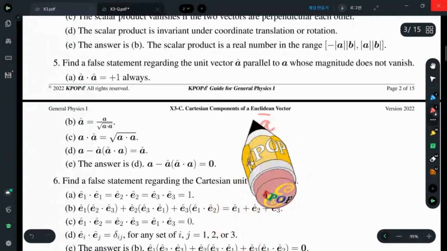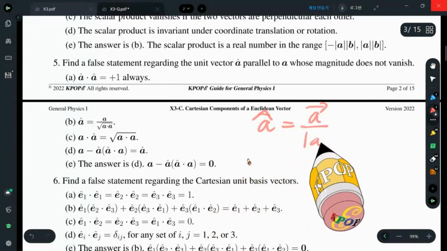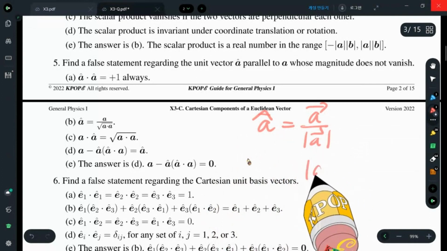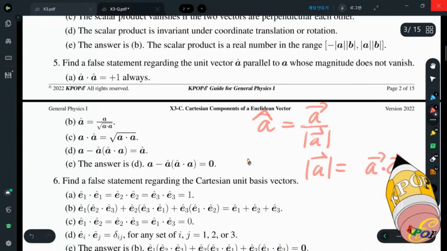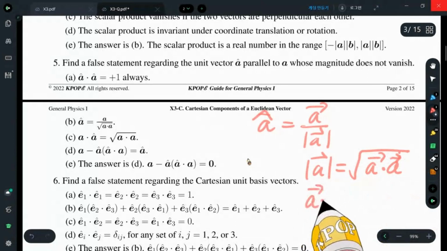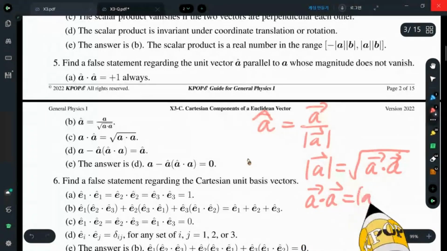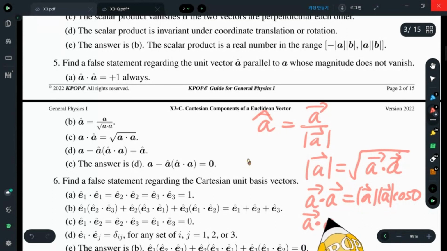Okay, A hat is a vector divided by its own magnitude, and its magnitude is the scalar product with itself, squared, because we say A dot A is A squared cosine 0. Cosine 0 is 1. So we can say A dot A equals the absolute value of A squared, right?